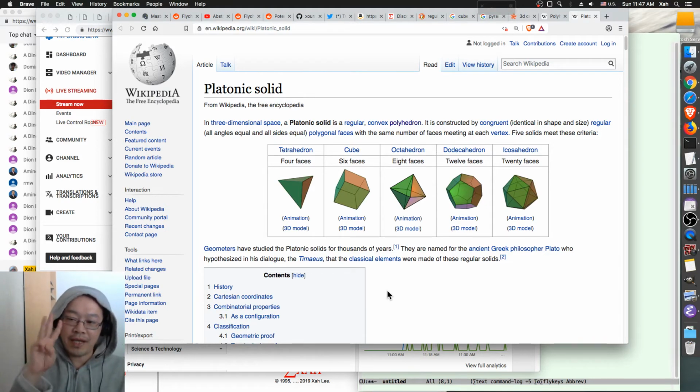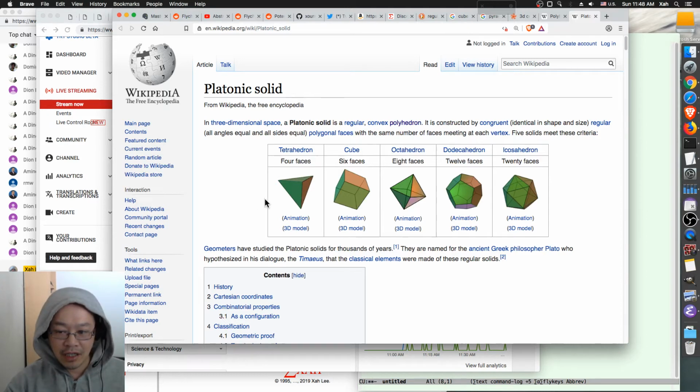You have three mirror planes, and you have one, two, three rotational axes. Each axis has a rotational symmetry, and each plane has mirror symmetry. Now, the tetrahedron also has one, two, three, four rotational axes.